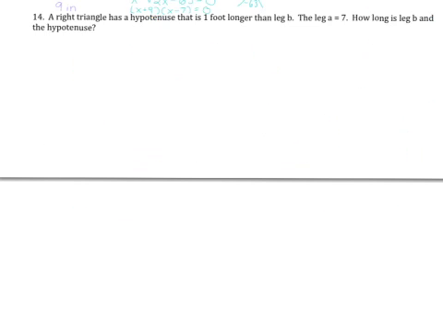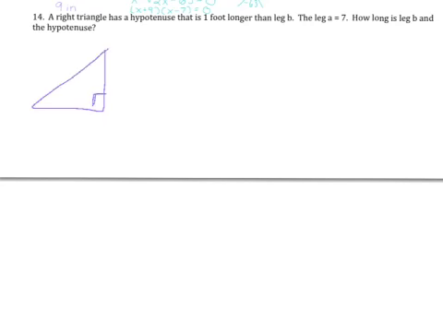Okay, let's talk about the last problem on this page. A right triangle has a hypotenuse that is 1 foot longer than leg B. The leg A equals 7. How long is leg B and the hypotenuse? So let's draw a picture of our triangle that we're working with here.